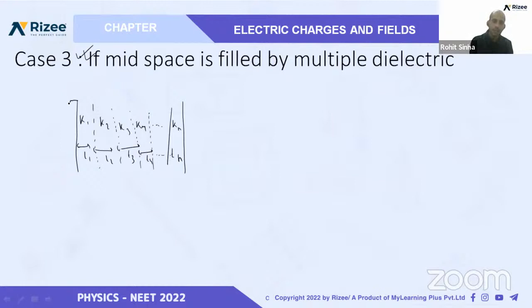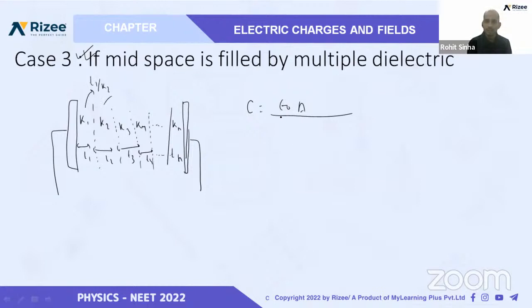For this parallel plate capacitor having multiple dielectrics between the plates, how do we write the capacitance? We will write C is equal to epsilon naught A by the equivalent air column, which is T1 by K1 plus T2 by K2 plus T3 by K3, and so on.